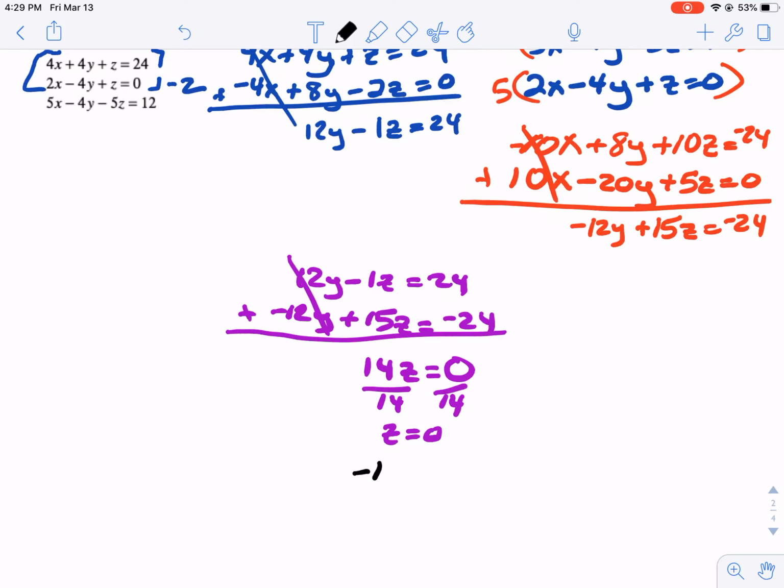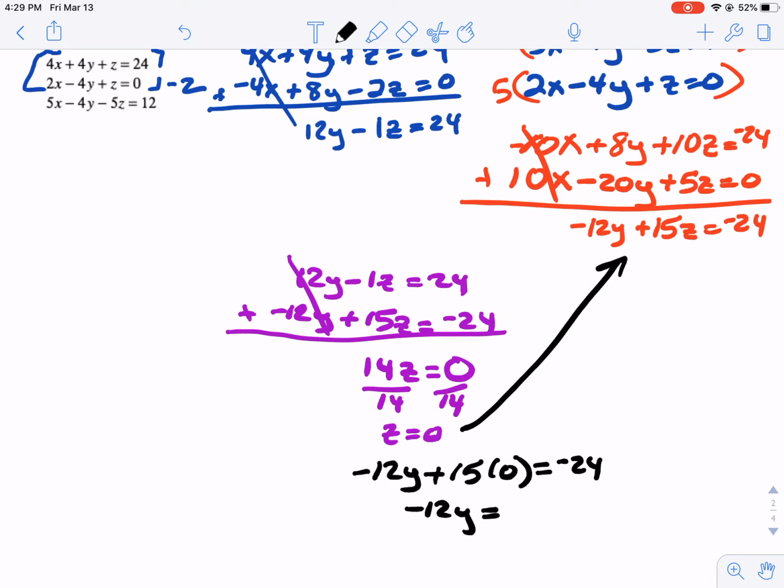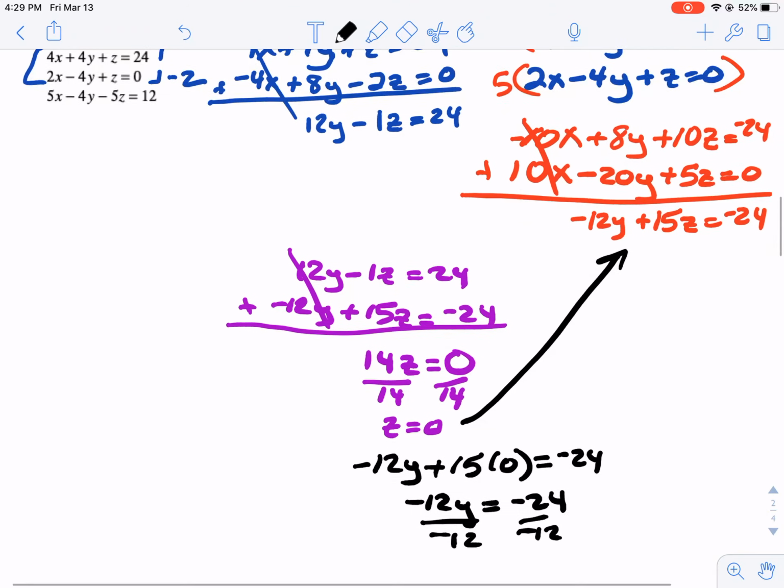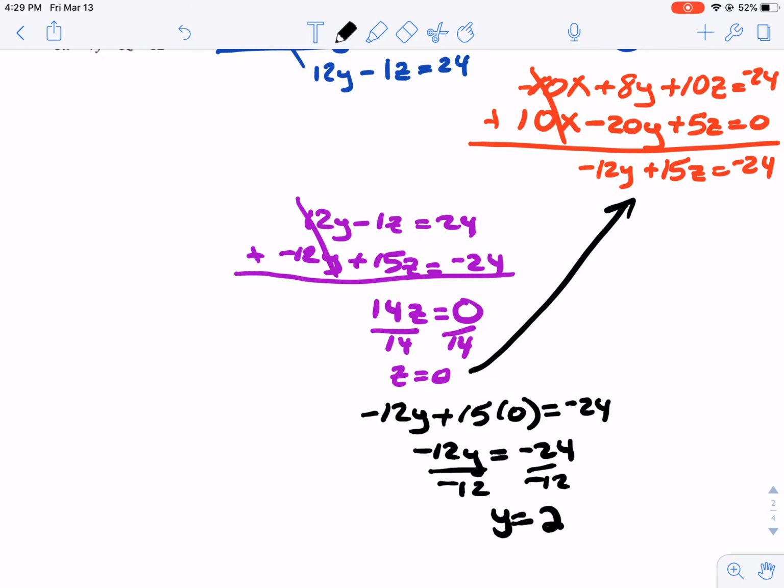So I'll do negative 12y plus 15, times 0 equals negative 24. So negative 12y equals negative 24. Divide by negative 12. Y comes out to be 2.